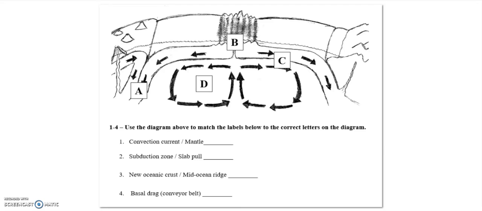Number 3, where would new oceanic crust and the mid-ocean ridge be? Where would you find new oceanic crust in the mid-ocean ridge? Which letter? And number 4, where would you find basal drag or the conveyor belt? Where would that be happening? So match 1 letter to each of these.